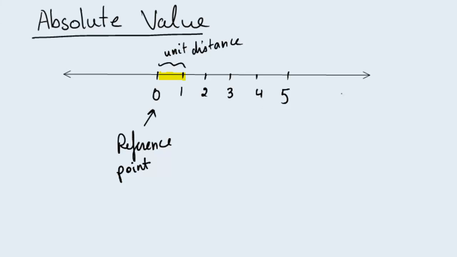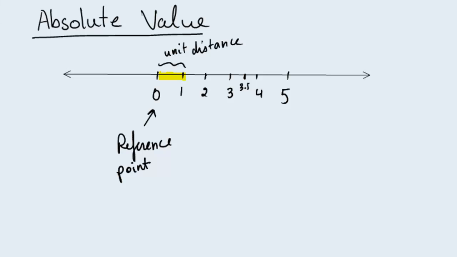So the number 5 is 5 units away from 0. Now that I think about it, if I ask how far away is the number 10 from 0, well, the distance is equal to 10 units. How far away is the number 3.5 from 0? Well, it's 3.5 units away from 0.